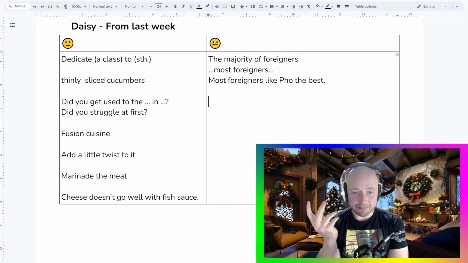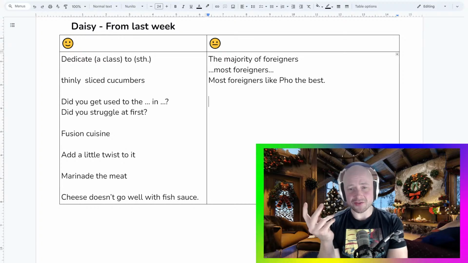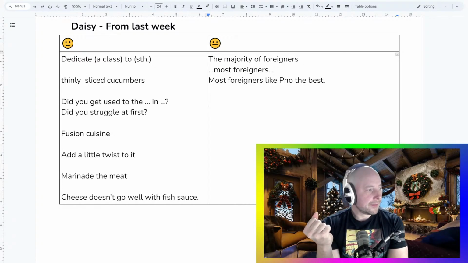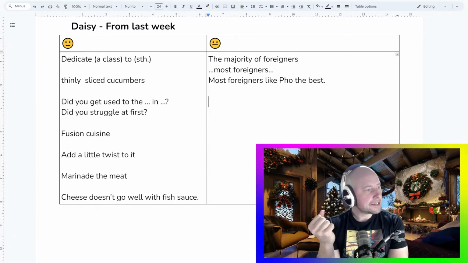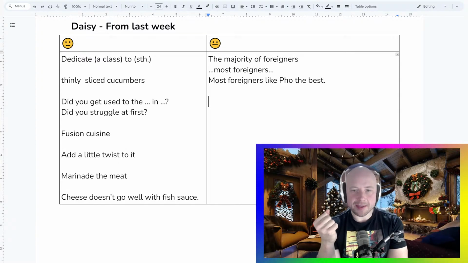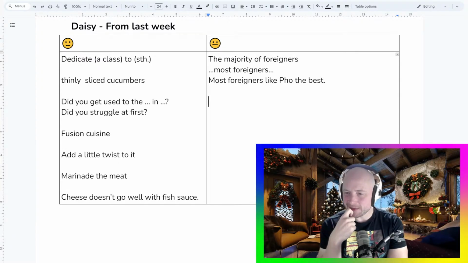Preferably in Vietnam, because a lot of the Vietnamese restaurants in the UK are not good. You can get good ones, probably in London, but most of the ones outside of London are a bit dodgy, honestly. Yeah, I miss Vietnamese food when I'm not in Vietnam.